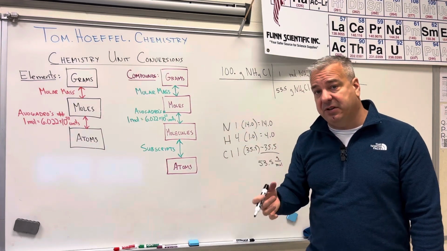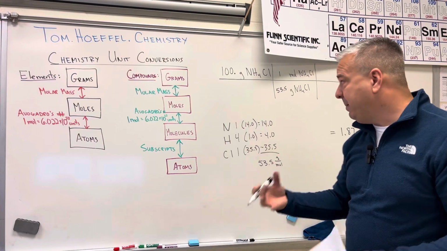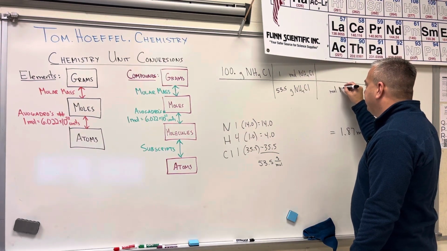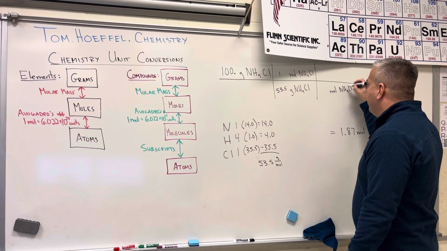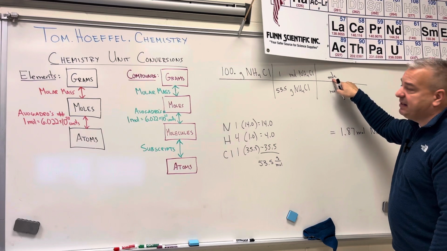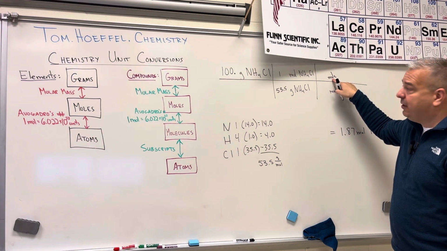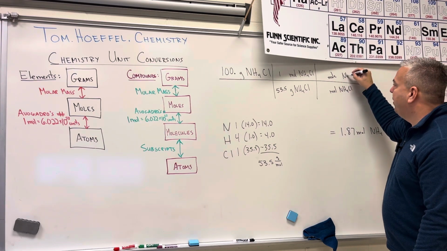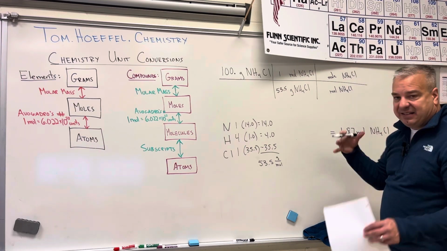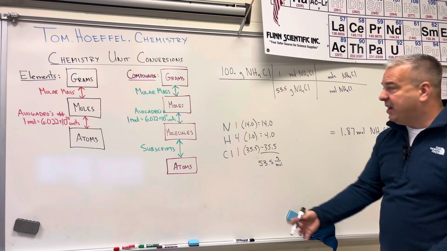Well, if I wanted to go a step further and figure out how many molecules there are, because the base unit for a compound is going to be a molecule, I'm going to take these moles of ammonium chloride and convert it over into molecules. So this says MOL, this says MOLC, which stands for molecules of ammonium chloride. And what we know about the mole is it's just a number, just like the word dozen.